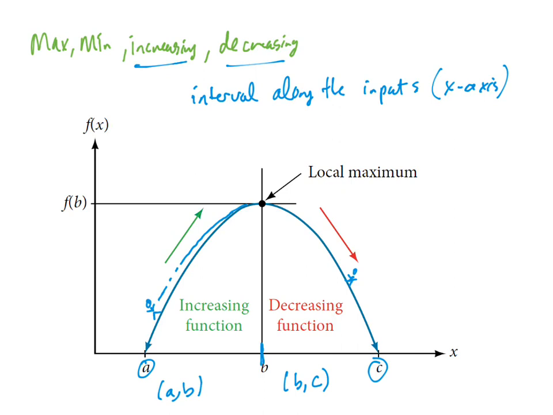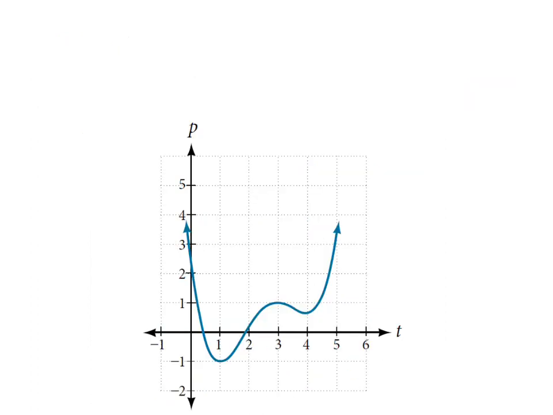So let's look at a less abstract example. We want to know where this function is increasing and where it is decreasing. What interval along the x-axis are we increasing and decreasing? I tend to always think about this as though I'm walking along the path of the graph.